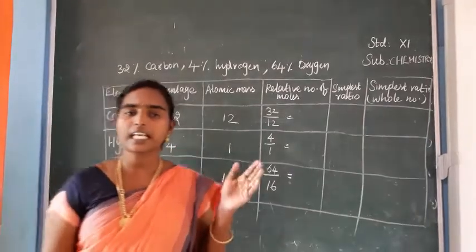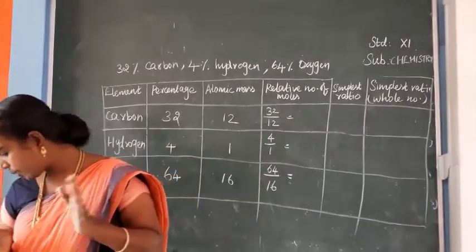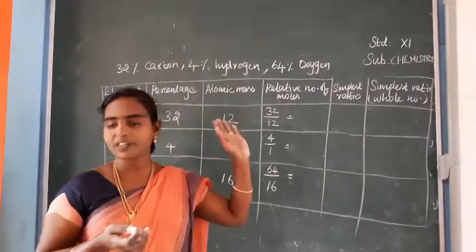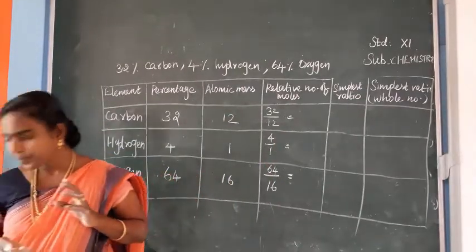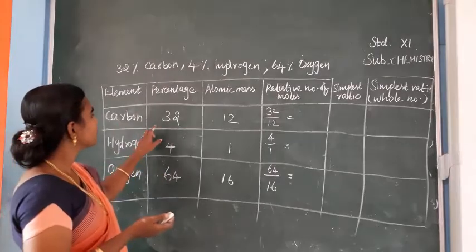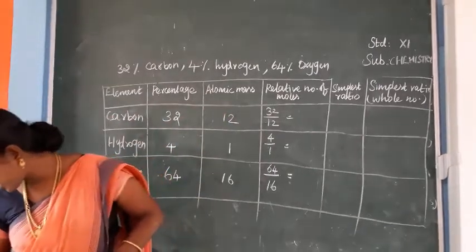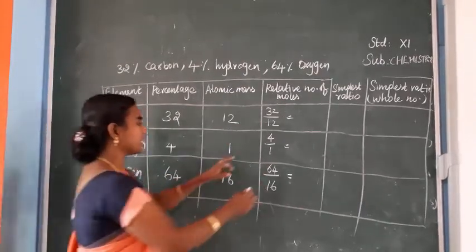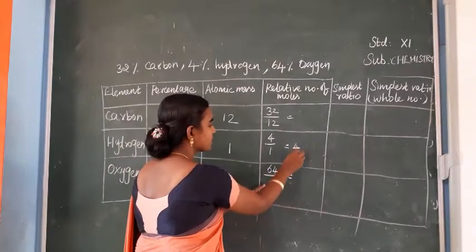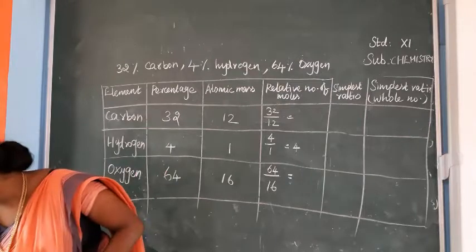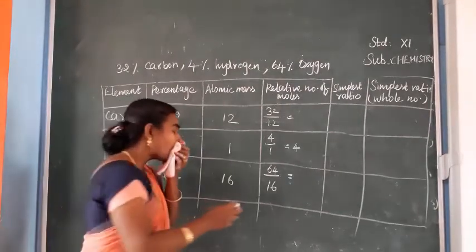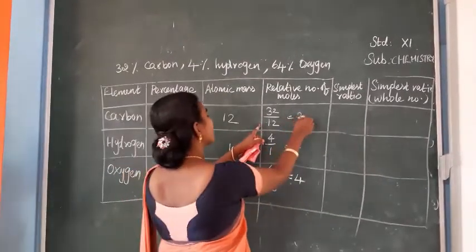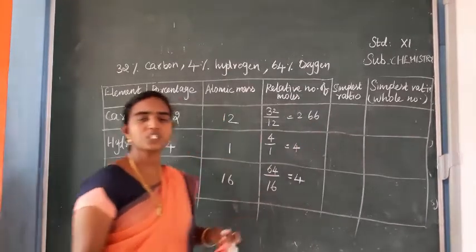We divide and find the answer. Here 4. Here 64 divided by 16 we can write as 4, and here 32 divided by 12 this value will be 2.66. Relative number of moles we have calculated.